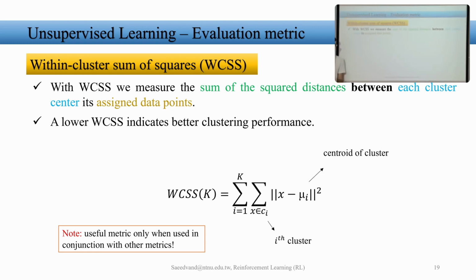As its name indicates, it's simple: the sum of the squared distances between each cluster center and its assigned data points. Imagine it yourself. If you imagine it, you will also understand that something seems to be wrong.